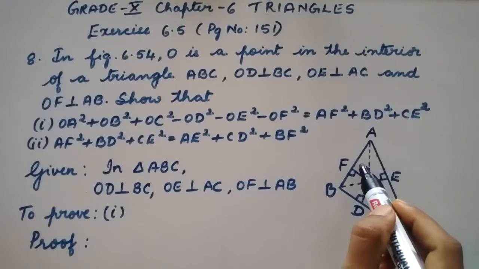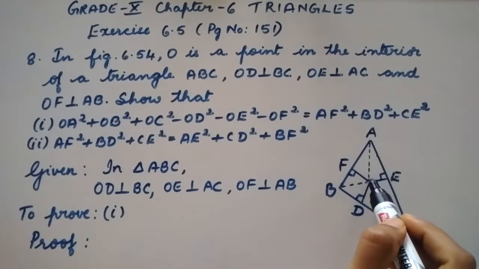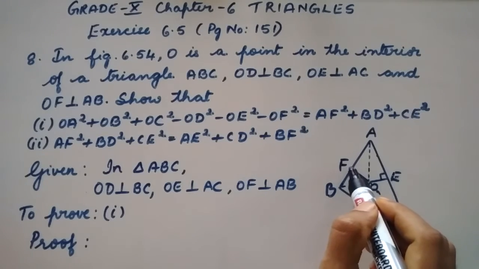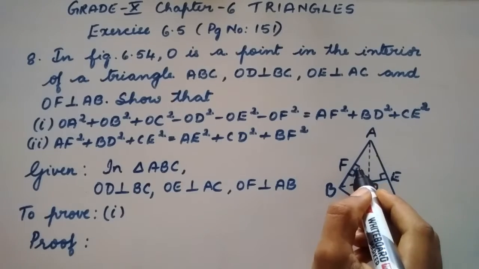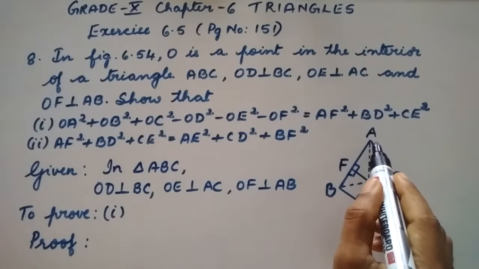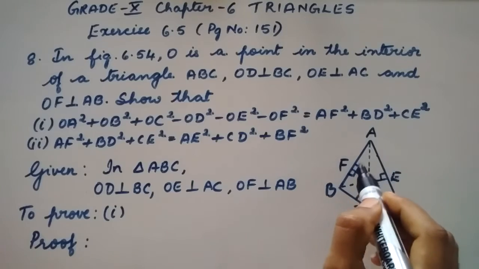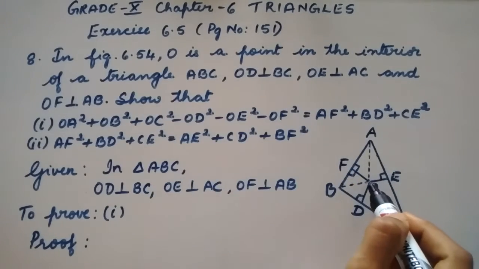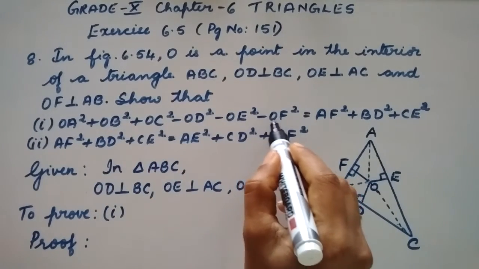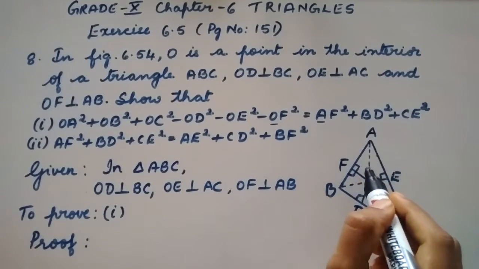Let us consider this triangle where we find the side OA, that is the triangle AOF. So in this triangle we have angle F is equal to 90 degree. So the hypotenuse will be OA and the other sides are OF and AF. So do we find the two sides OF and AF here? Yes, we have OF and AF. So we have to consider this triangle.